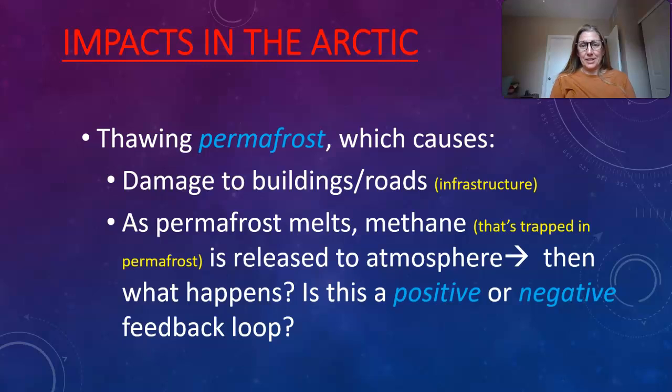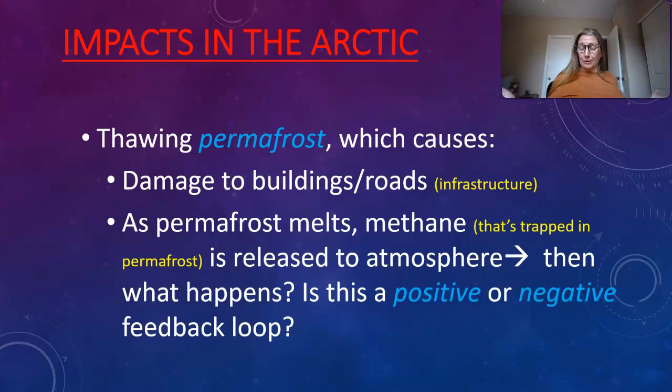It traps heat. So the permafrost melts, it releases methane that was trapped inside of it as little methane bubbles, and now we have more methane in the atmosphere. That's going to warm things up even more, which is going to speed up the melting process. As the permafrost melts even faster, it's going to release even more methane, warming things up even more. So we're building this feedback loop.